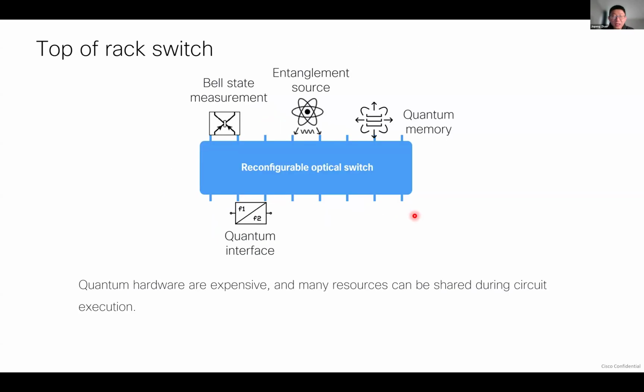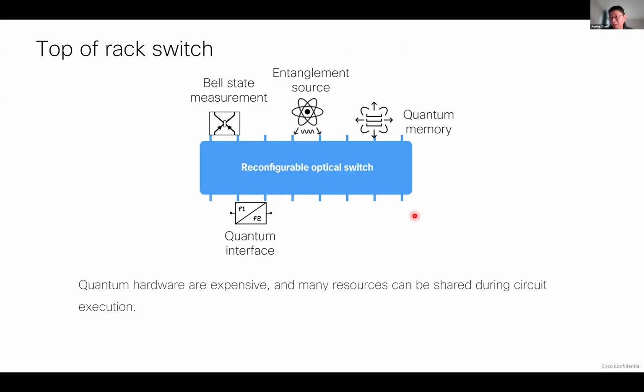After the synchronization of the entire network, we need to reconfigure the entire switch. From Cisco's perspective, we want the entire network to share the quantum resources by developing such a top of rack switch.